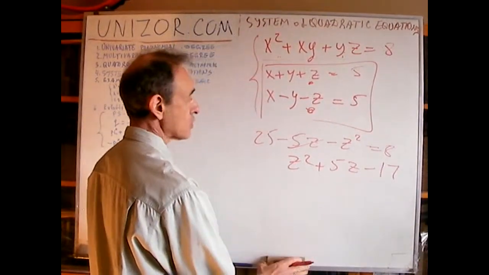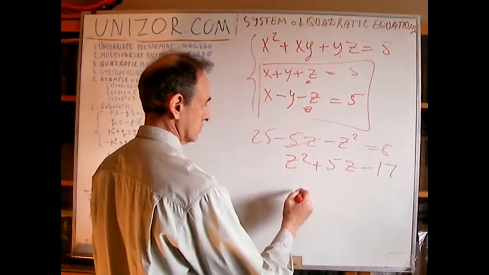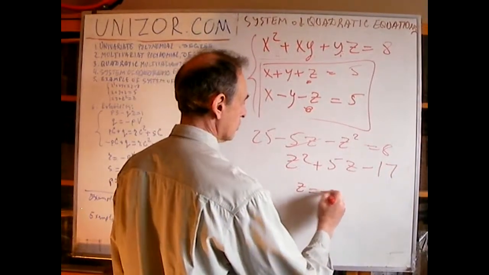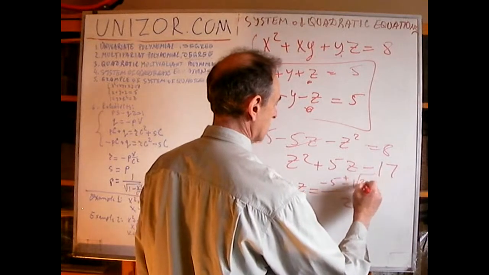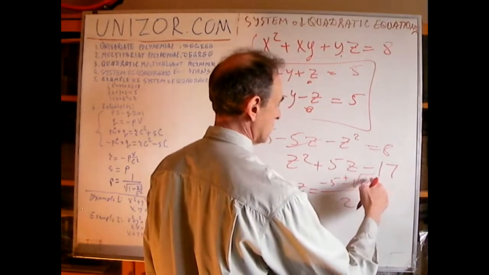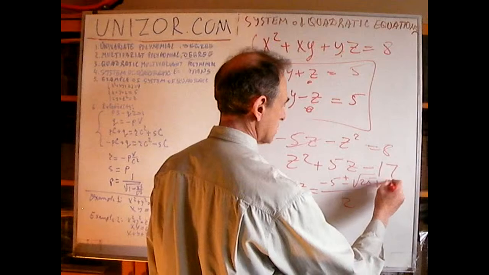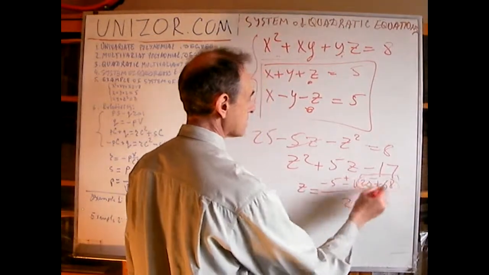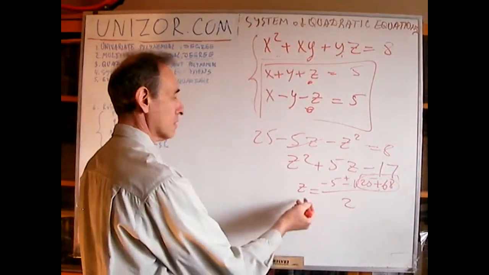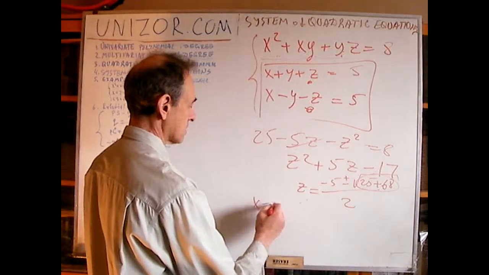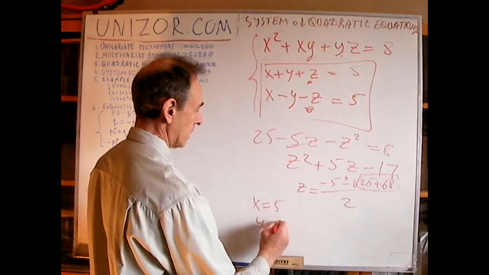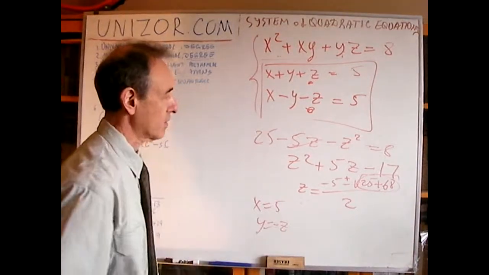And this is an equation which does have a solution. Z is equal to (minus 5 plus or minus the square root of 25 plus 68)/2, something like this. So whatever this is, this gives me z, and then since x is equal to 5 and y is equal to minus z, I have the solution for everything.